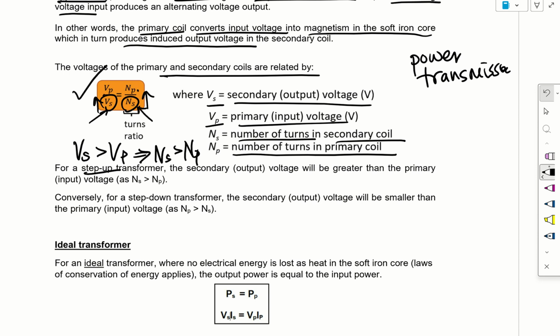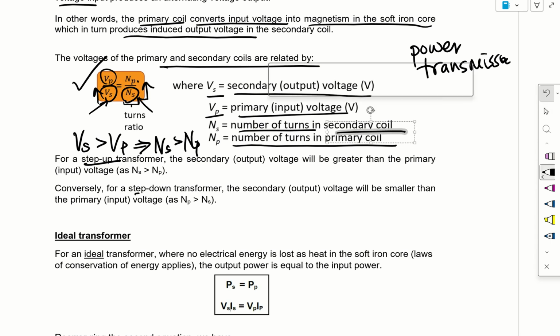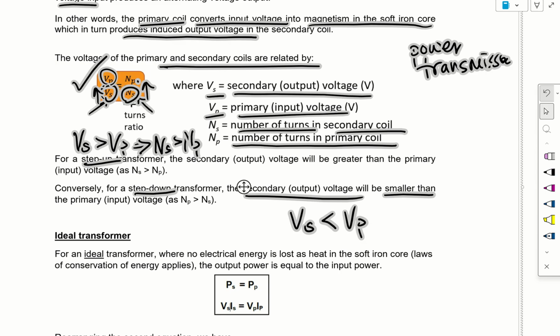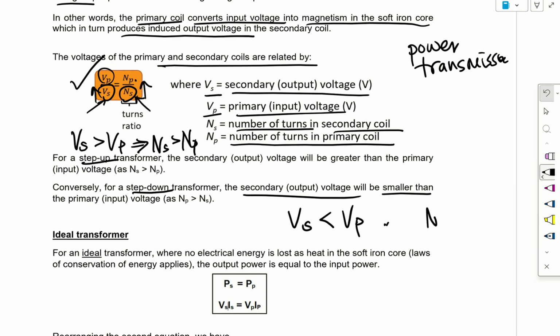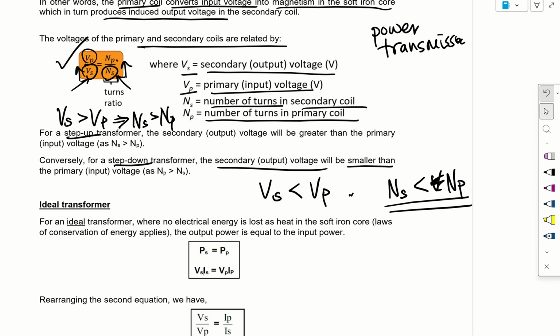But for a step down, the secondary voltage will be smaller, which means Vs is less than Vp, stepping down, and therefore my Ns must be less than Np. Of course, if we put in numbers it will be easier. Later on we'll do some practices.